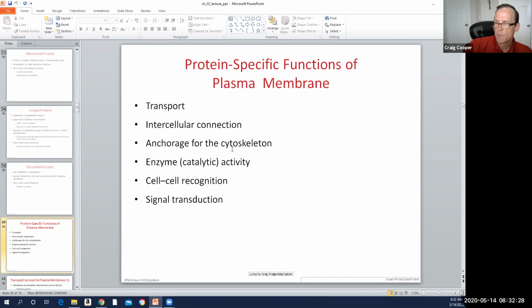So again, that cyto is the cell, and then skeleton. So when we think about our own skeleton, it's bone. It's very hard and rigid, and that's what gives us shape. And that's kind of what the proteins that help make up the cytoskeleton do.